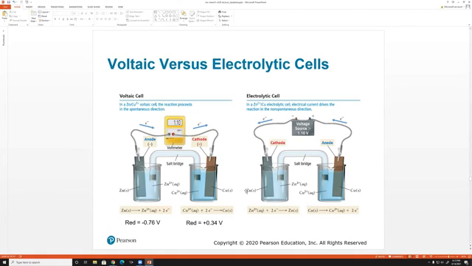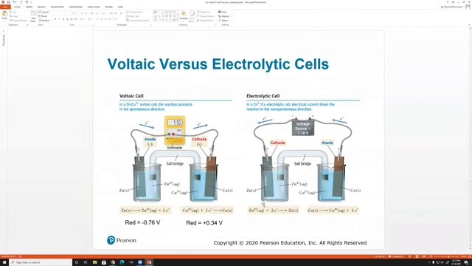But if you have an electrolytic cell, we can't say there's any volts running through it innately. We need a voltage source that's greater than 1.1 volts to bring it in the opposite direction, because we want to outweigh the spontaneous reaction in terms of volts, in terms of energy. We want to supply more energy than the spontaneous direction to make it go the opposite direction, which is what's going on here.